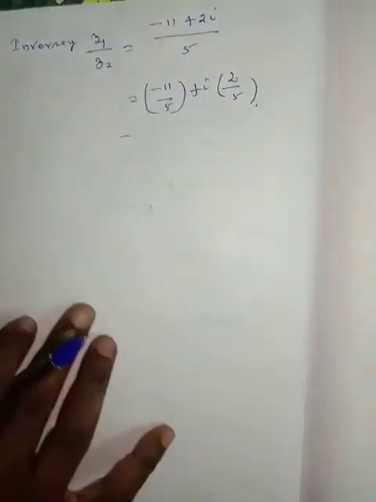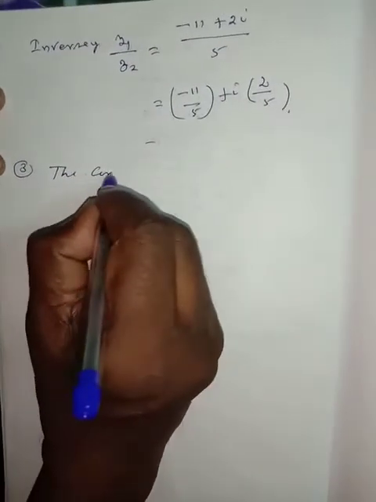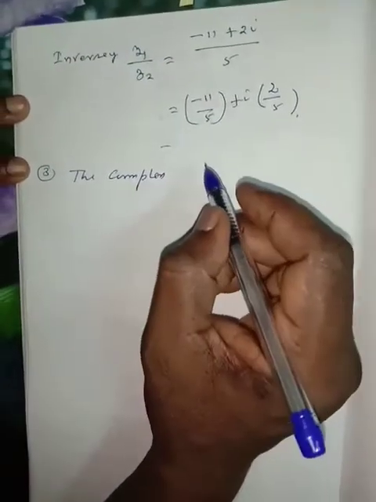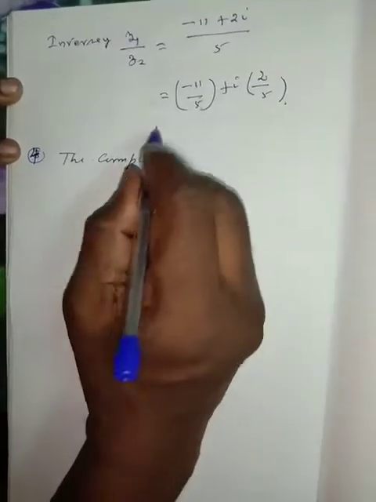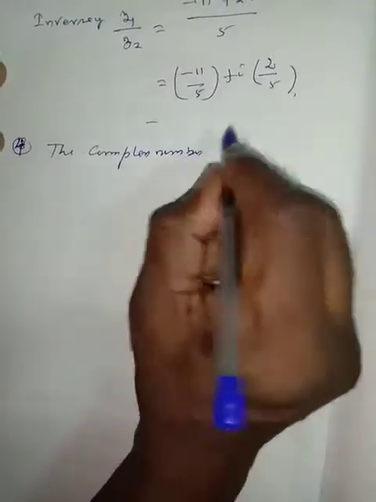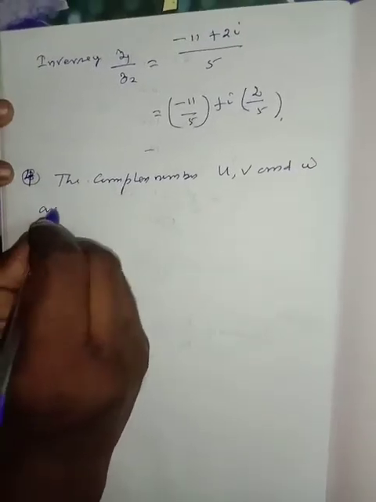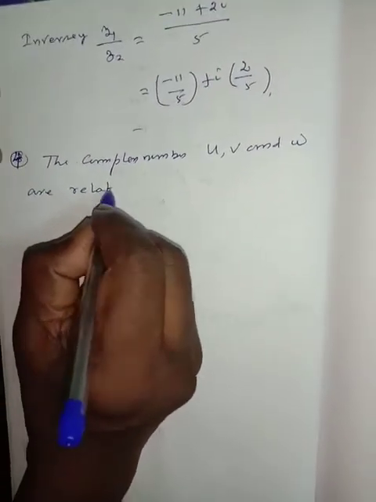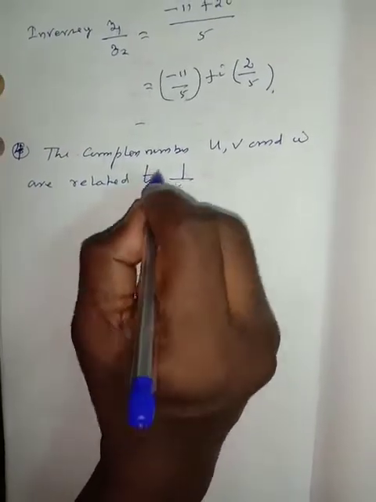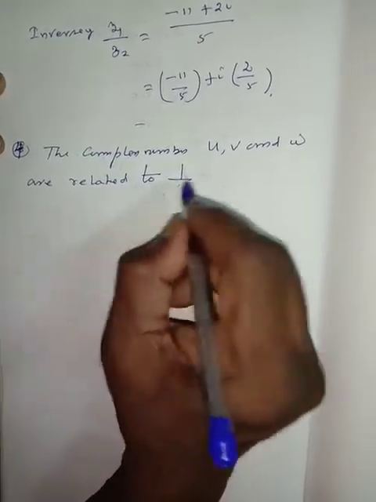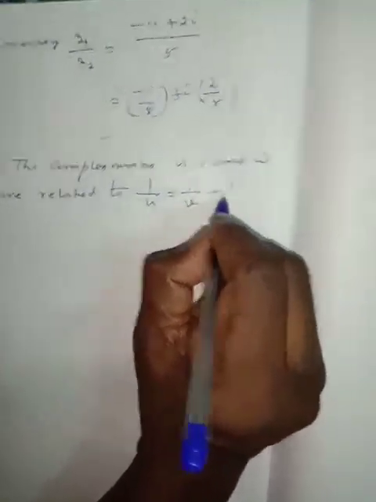Next, sum number 4. The complex numbers u, v and w are related by 1 by u is equal to 1 by v plus 1 by w.